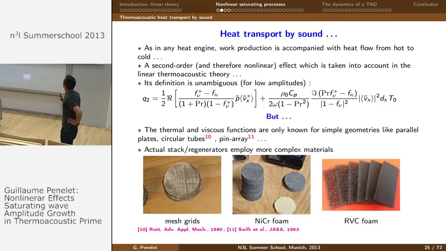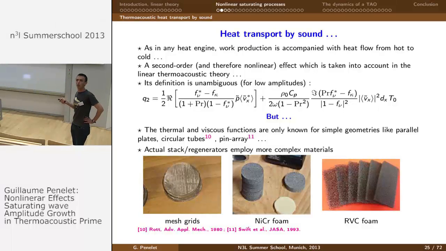The problem is that we have to describe wave propagation through the stack, and this information is within the functions f nu and the function f kappa. The problem is that we can only describe analytically these functions in case of simple geometries, like circular ducts or any other.